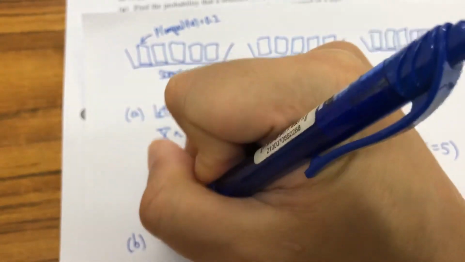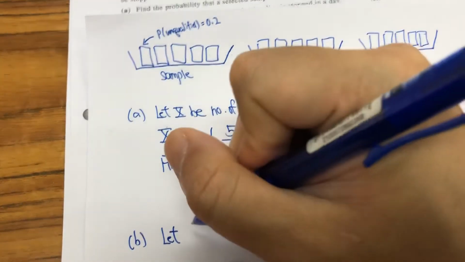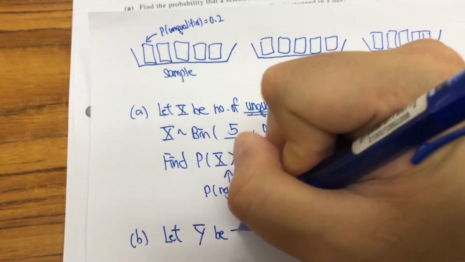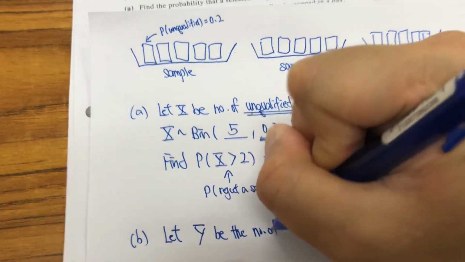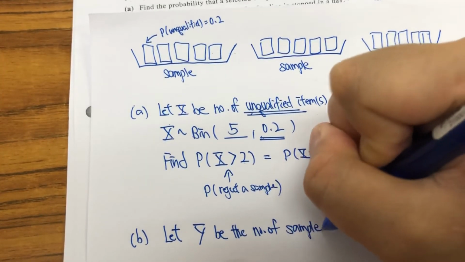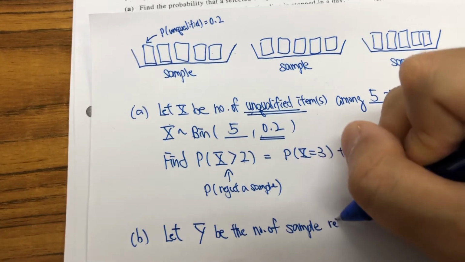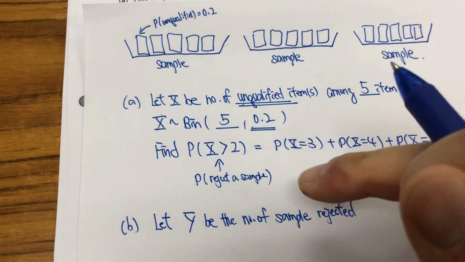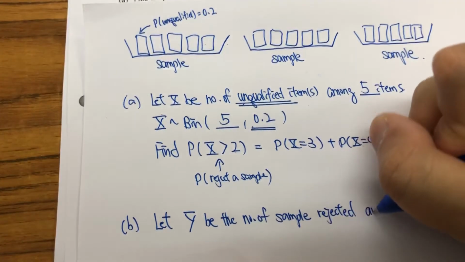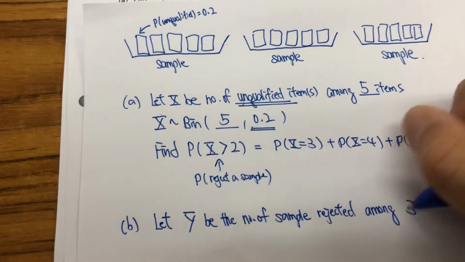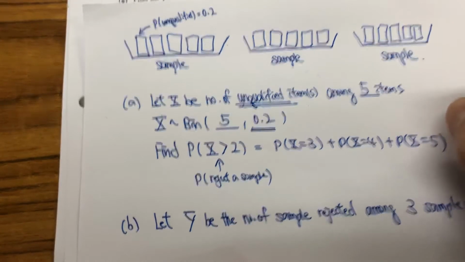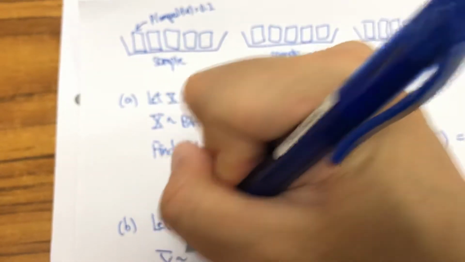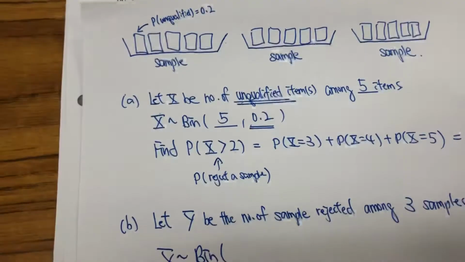So this time, we have to let another random variable: let Y be the number of samples being rejected. Number of samples rejected among how many? 3 samples. So Y follows a binomial distribution.